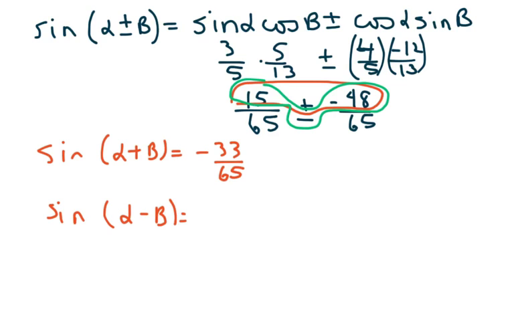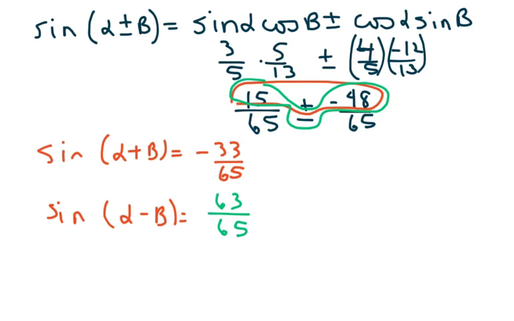Okay, that equals 63 over 65. Now go ahead and write these down. So we have negative 33 over 65, because you're going to need them for your tangent, and 63 over 65.